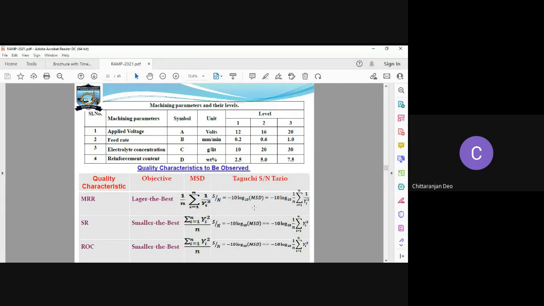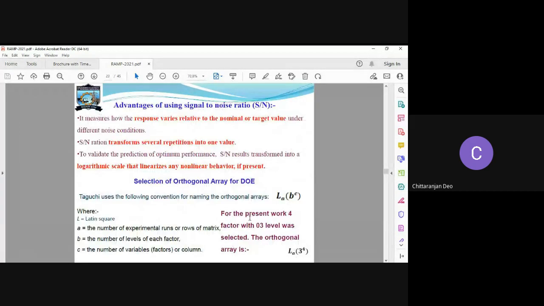Similarly, for surface roughness, smaller the better. So the Taguchi SN ratio equation is governed by this, and we have calculated the SN ratio value for all the surface roughness that we have measured in those 27 experiments. Similarly, for the radius of overcut.